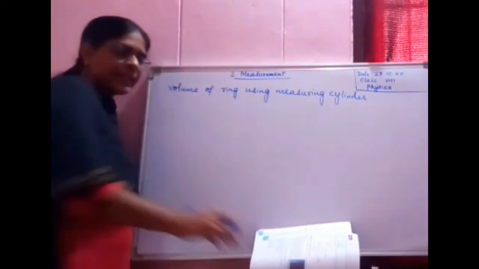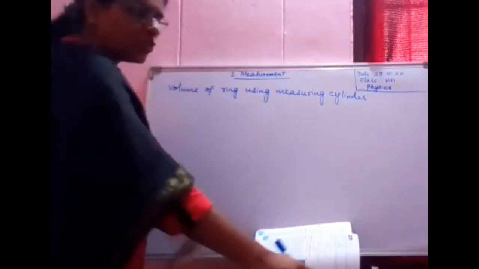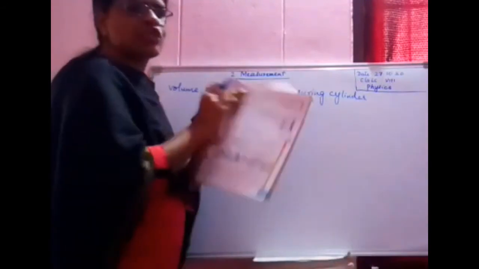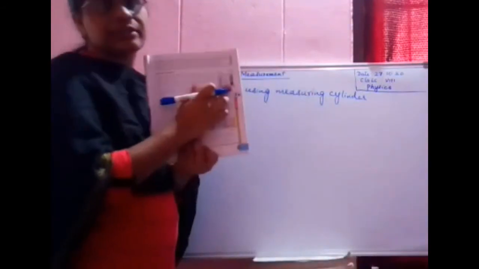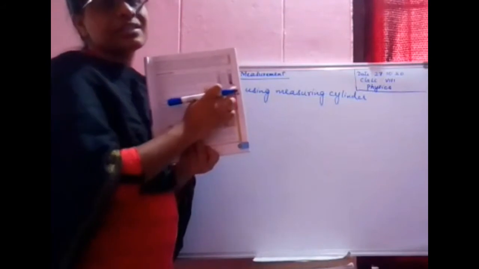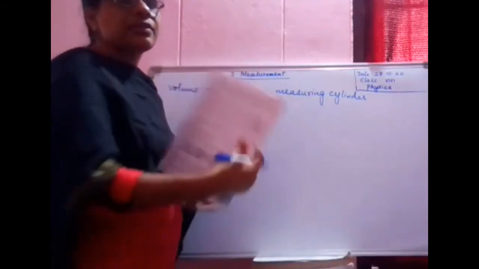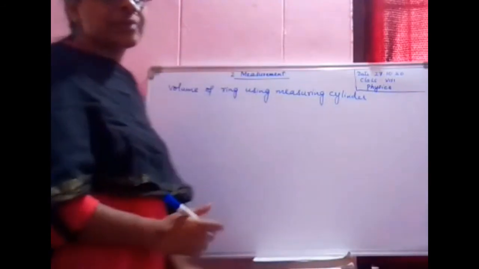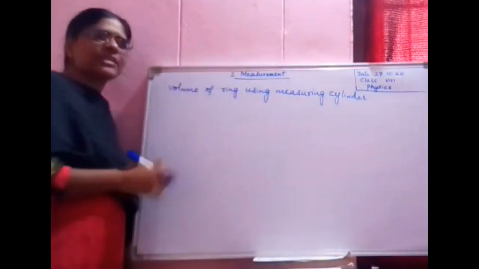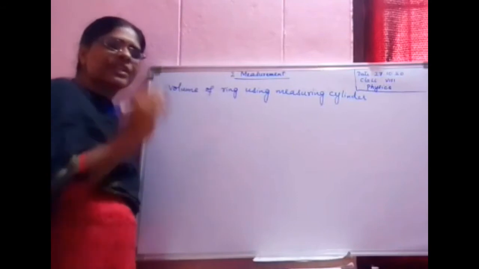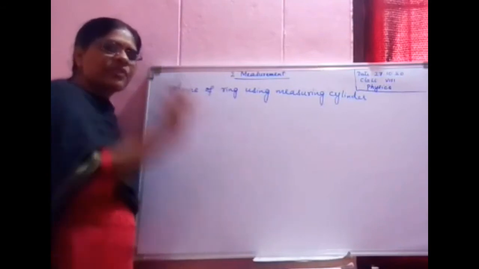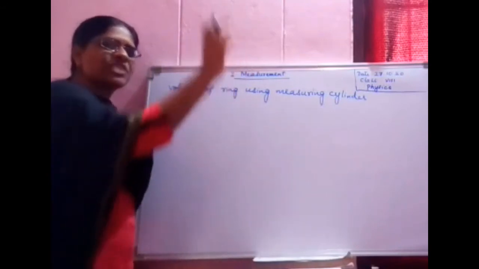Measuring cylinder. In figure 2.2, we have shown you the measuring cylinder. This is your measuring cylinder, like the beaker we have seen in the chemistry lab. On the measuring cylinder you will have values like 50 ml, 100 ml, 150, 200 ml.